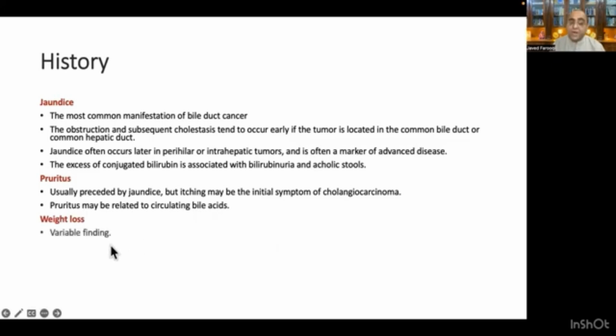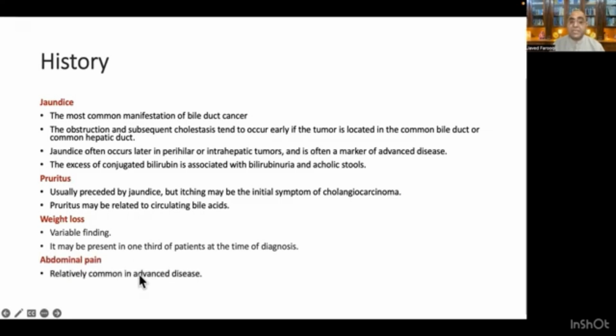It's a variable finding. It may be present in one third of patients at the time of the diagnosis of cholangiocarcinoma. Coming to abdominal pain, it's relatively common in advanced disease, and it often is described as a dull ache in the right upper quadrant of the abdomen.